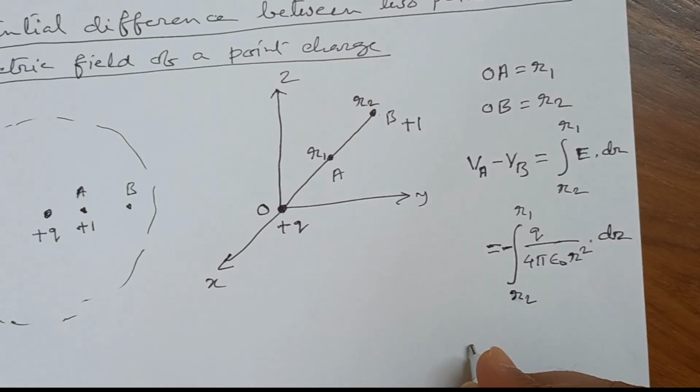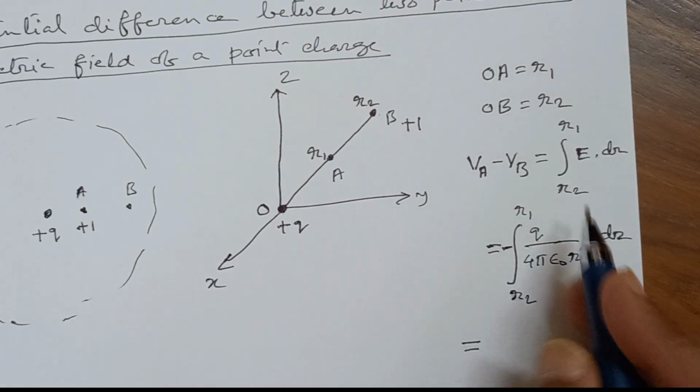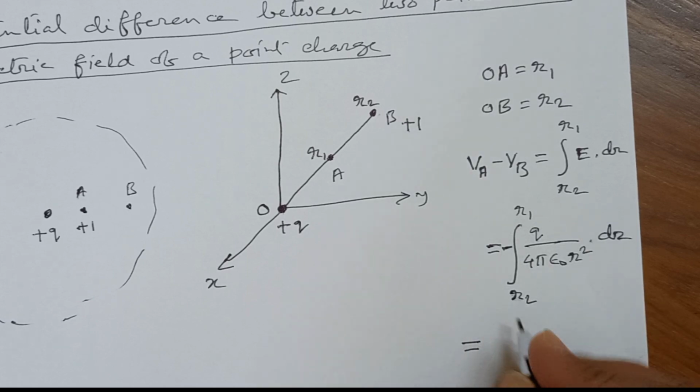Now if we integrate this, it will be minus Q by 4 pi epsilon 0.